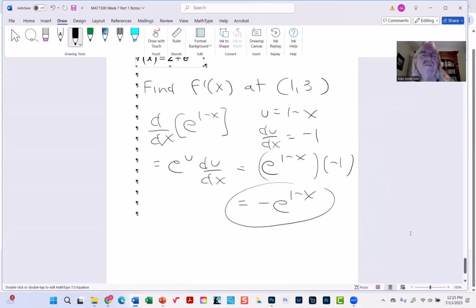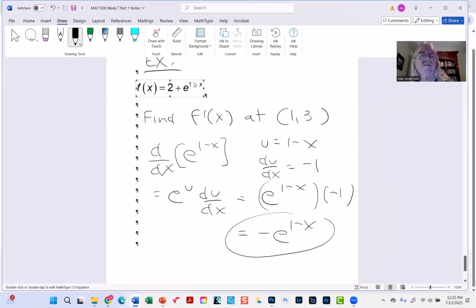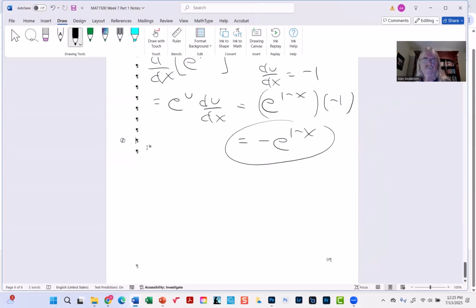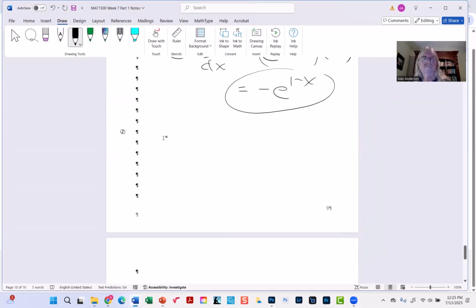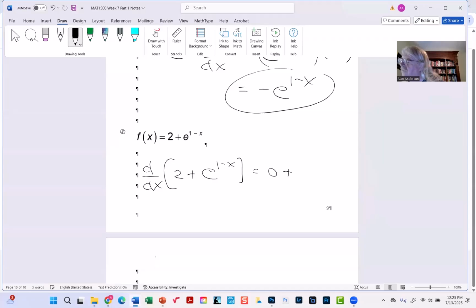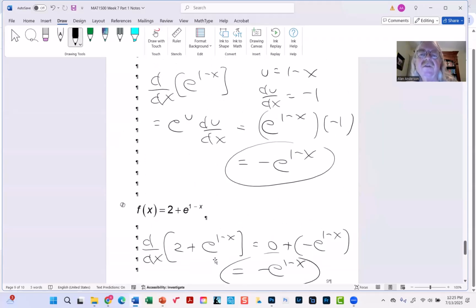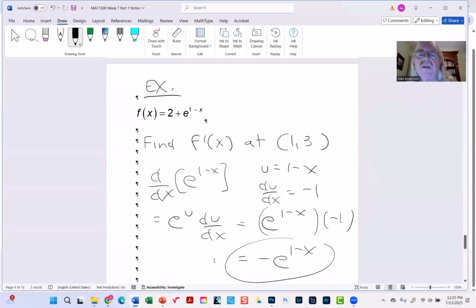So that means the derivative of this function is, and then we're supposed to evaluate it where the point is 1 comma 3.